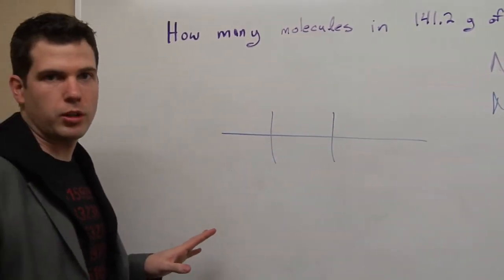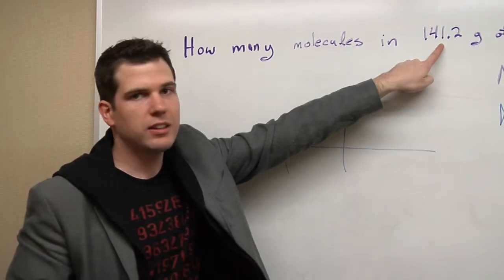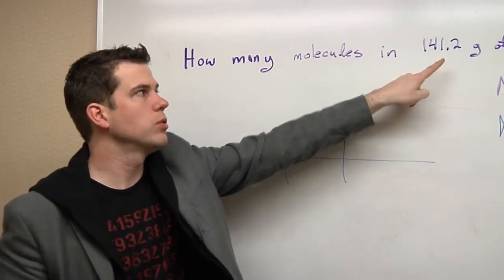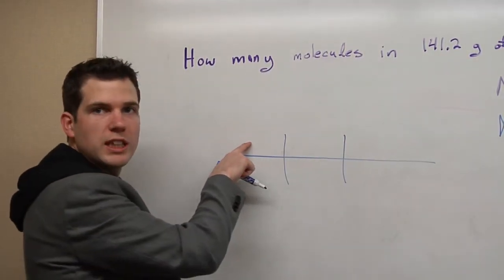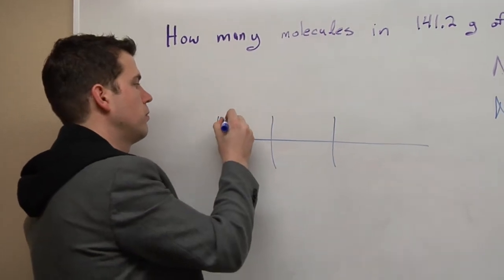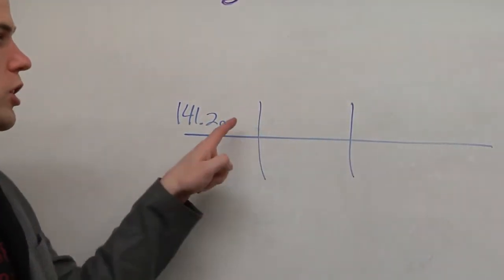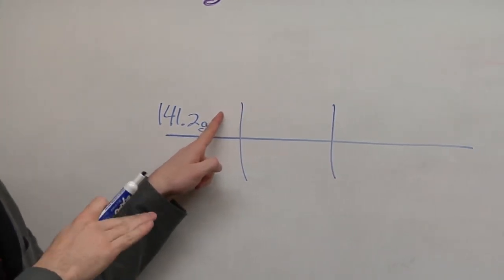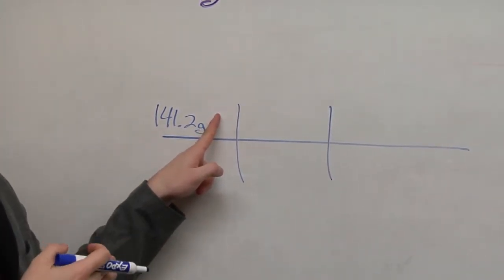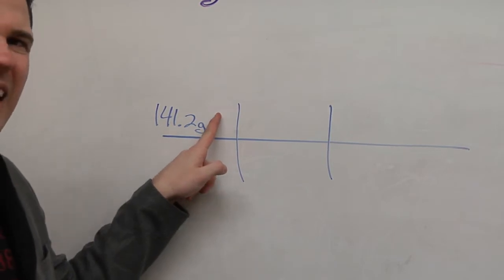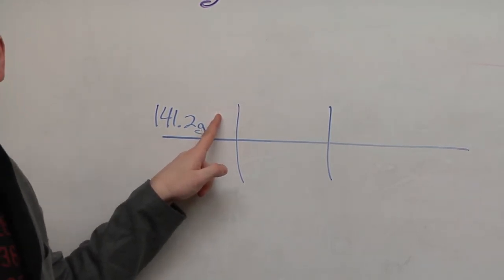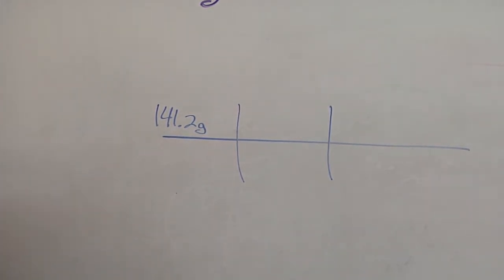Whenever they give you a number in the problem, like that, 141.2 grams, that always goes in the upper left. If you want to include the label as in Na3PO4, you could. Your teachers would probably like it a lot, but I'm lazy, so I'm not going to.